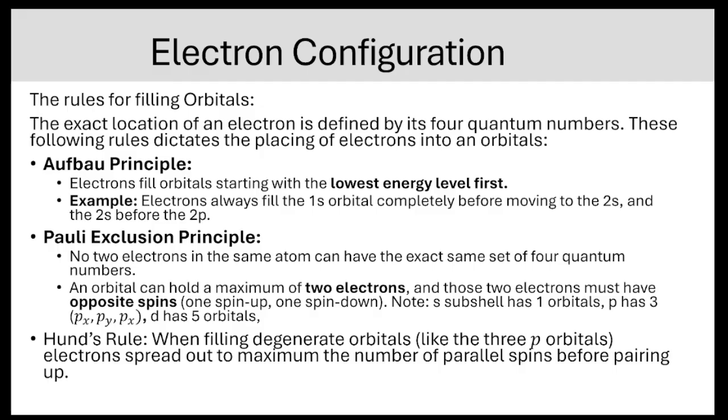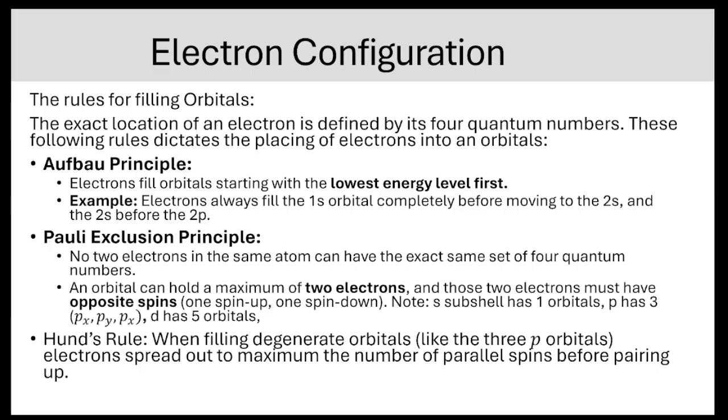We also talked about how electrons are inherently lazy, and they fill the lowest energy first before moving to a higher energy level. For example, the 1s subshell will fill before 2s, and 2s will fill before 2p. This process minimizes the total energy of the atom.